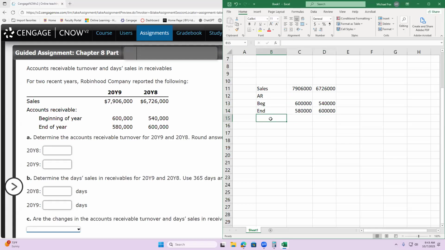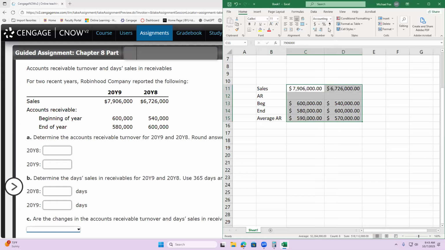What's nice about Excel is I can just do average accounts receivable, and I could just do equals average. Whoa, that was weird. Oh, because I put a negative in front of it because I was typing too fast. So that's kind of cool. I can just have Excel do that work for me. But I could also put in a formula like equals parenthesis, this, close parenthesis, divide by 2, right? And it would do the same thing.